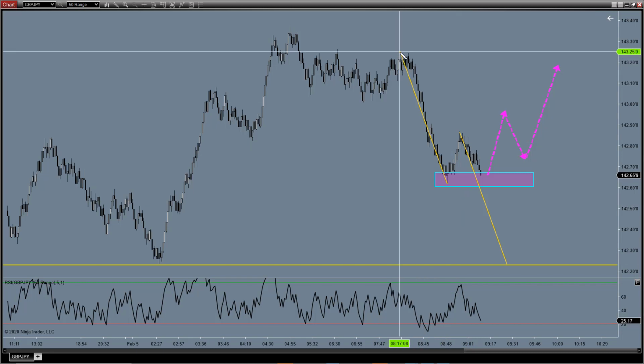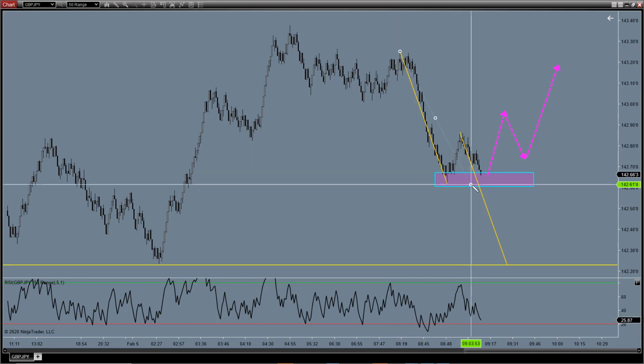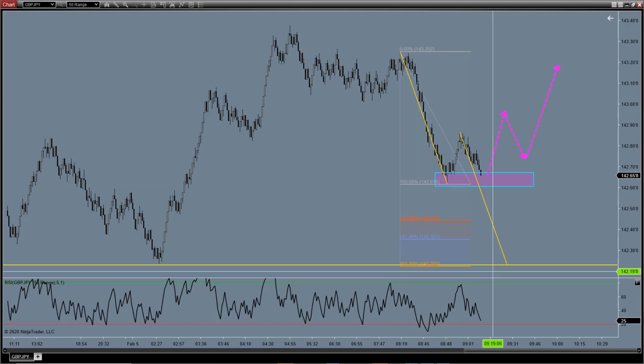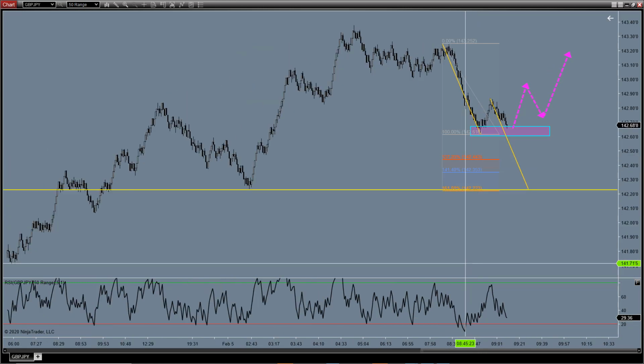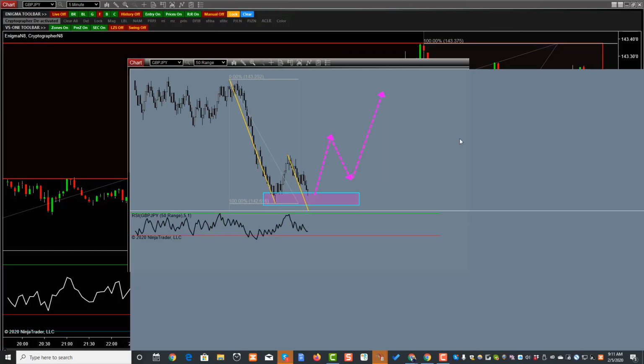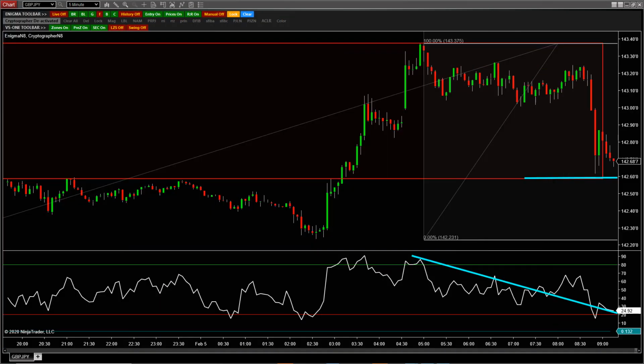I'm going to guesstimate that's somewhere near a 1.618 Fibonacci extension level, right on it. Now you've got some nice confluence at 142.23. So if this level doesn't hold and we end up violating it and continuing lower, you've got a pretty darn good level at previous structure lows to shoot for. You've got nice confluence down there as well to look for a trading opportunity. Any questions on the pound yen?